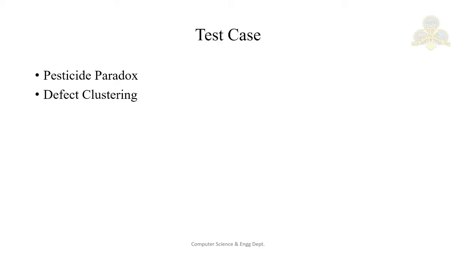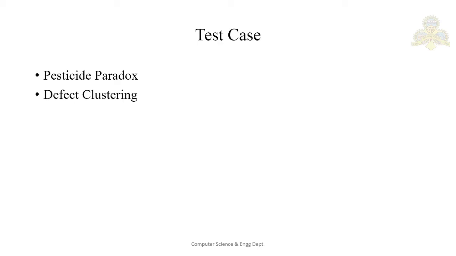Okay, so first we'll talk about pesticide paradox. In 1990, Boris Beizer used the phrase pesticide paradox to describe an interesting phenomenon in testing. So what is pesticide paradox? Whenever you use the same test cases to test the software, you cannot uncover the defects.